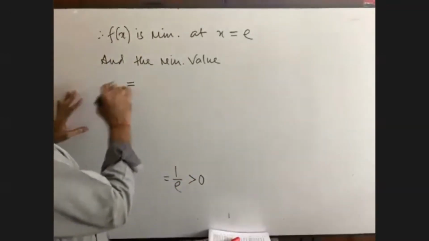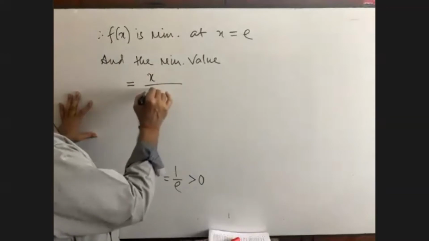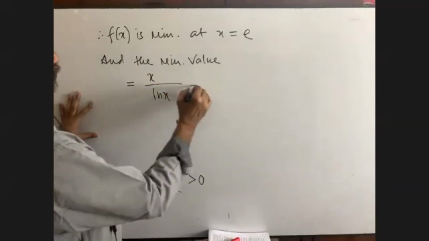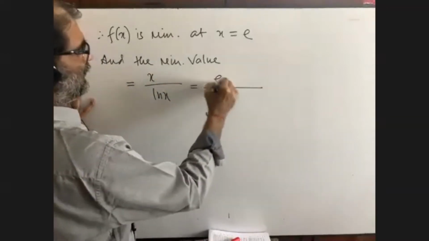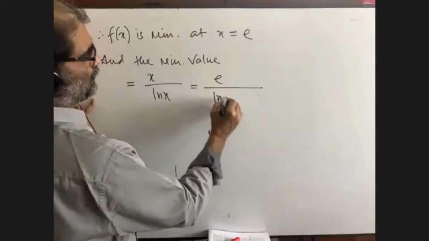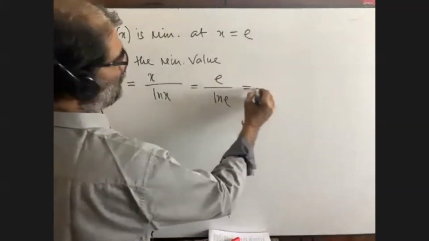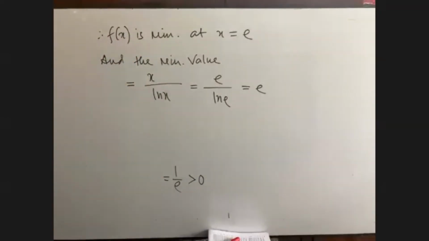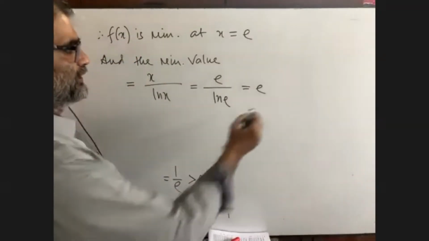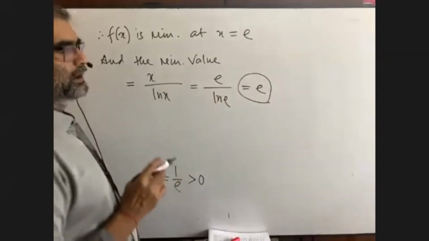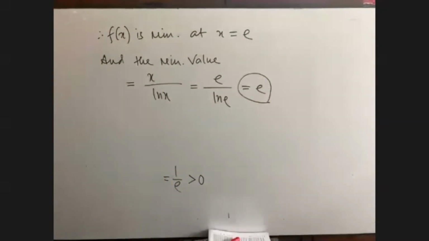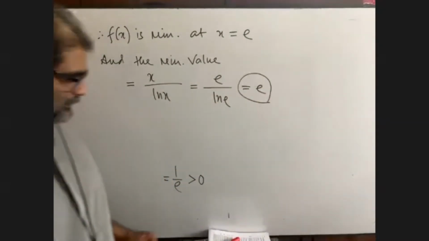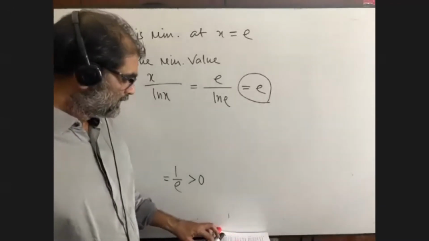X by ln x. Put x equals to e, ln e equals to 1. So we are getting e. So I told you that we have to prove that the minimum value of the function is e. Can you remember, please? Yes. So we have got our answer. Is it okay to all?